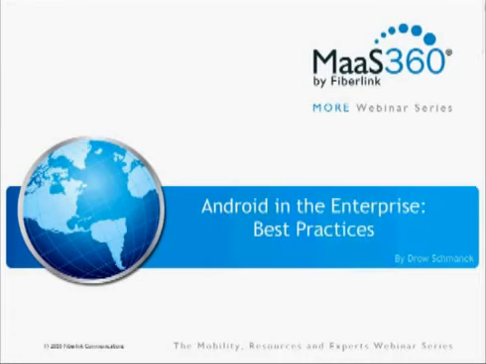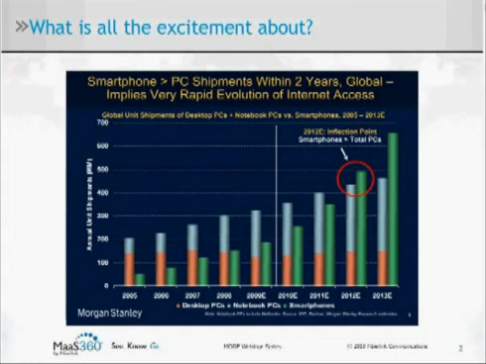First thing I want to do is level set and talk a little bit about why we're all here. This is a refresh of some data from Morgan Stanley around the mobility space. It highlights what we all already know, that smartphones and the rate of adoption of them is incredible.